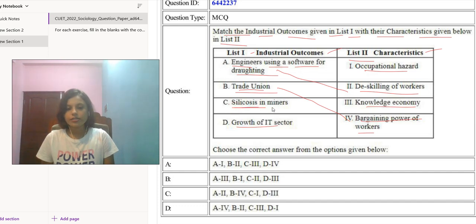Silicosis in miners, we keep with occupational hazard, because silicosis is an occupational hazard. Next is growth of the IT sector, of course, knowledge economy. So basically we are going with A2, B4, C1 and D3. Yes, that's correct. Moving over to the next question.